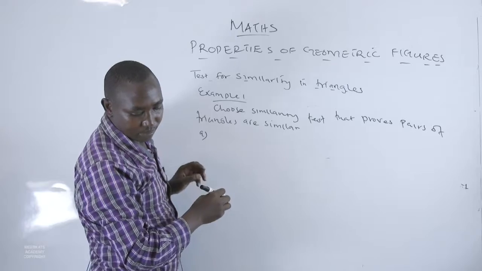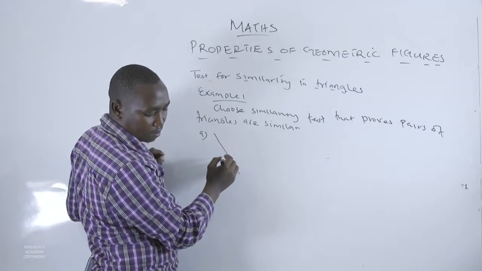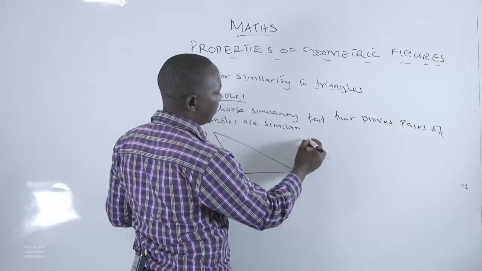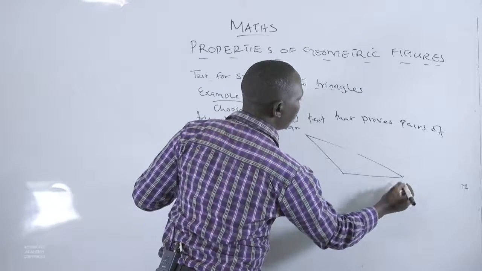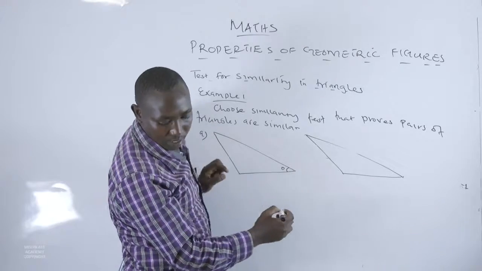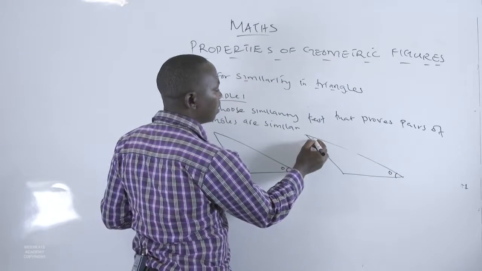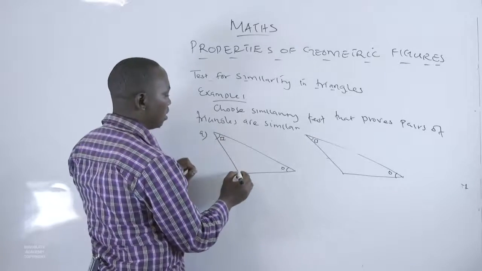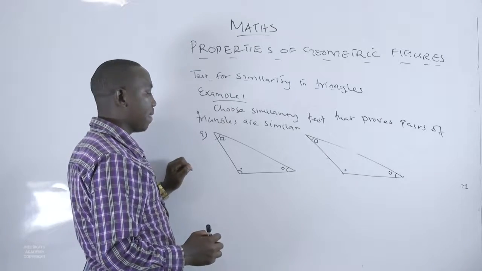Number one, we have these pairs of triangles where we are told that this side is equal to that, this angle is equal to that angle, and this angle is equal to that angle.